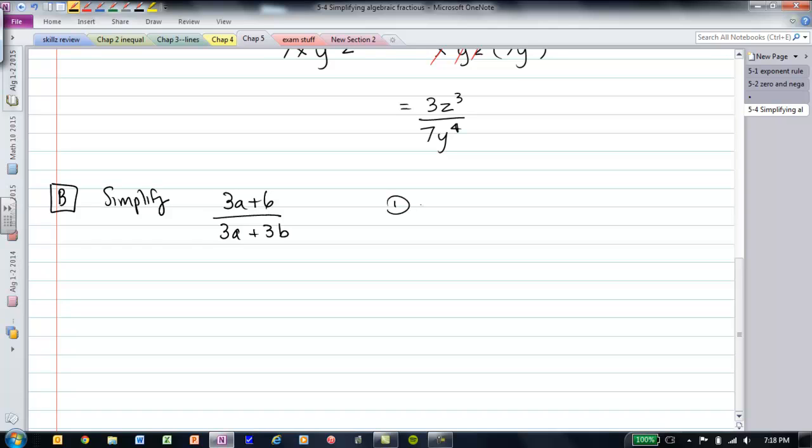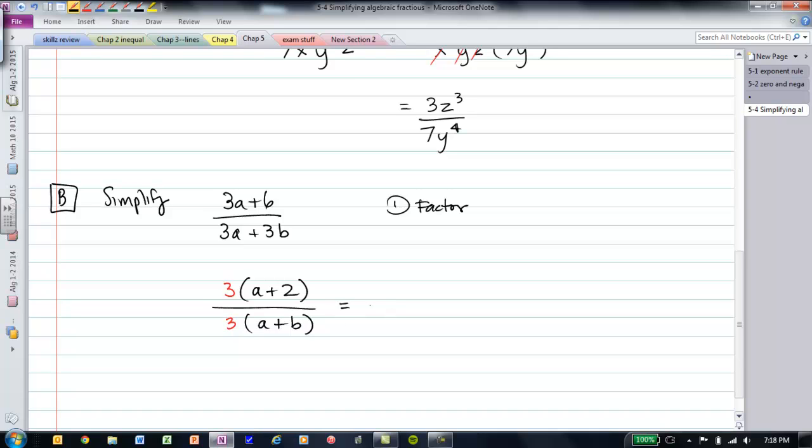So the first thing I'm going to do is factor the numerator and the denominator. So in the numerator, I have a GCF of 3. So I factor out 3, and I'm left with a plus 2. In the denominator, I also have a GCF of 3. So I factor out 3, and I'm left with a plus b.